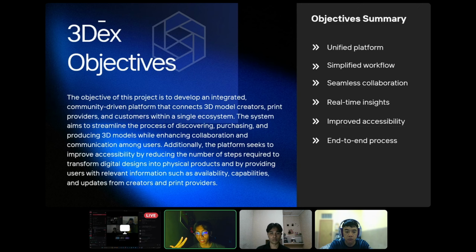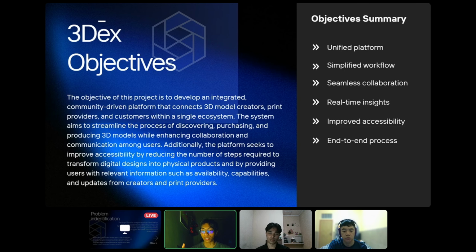And the third, we focus on improving collaborations and communications between users. We also aim to provide real-time insights such as availability, capabilities, and updates. Overall, our goal is to create a more efficient, accessible, and seamless experience for all users involved.